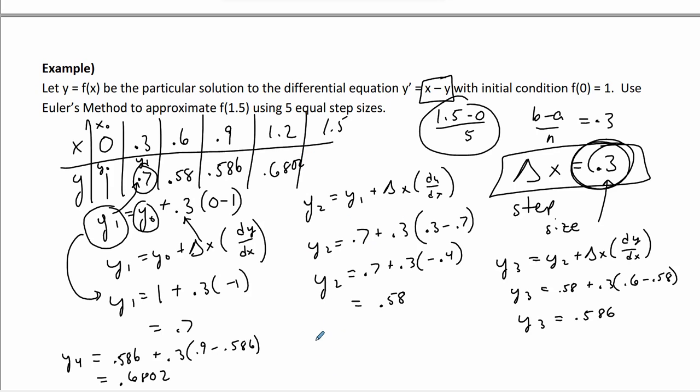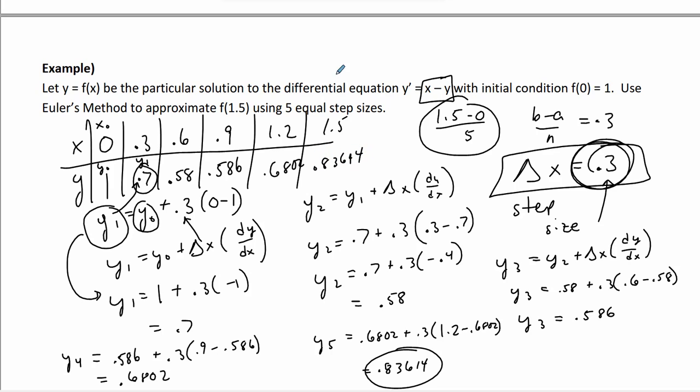And then I'm going to do the last one, y sub 5. That's 0.6802 plus 0.3 times 1.2 minus 0.6802, and I'm going to end up with 0.83614.